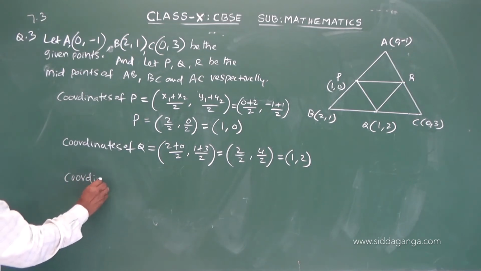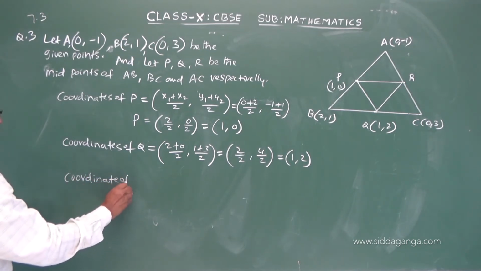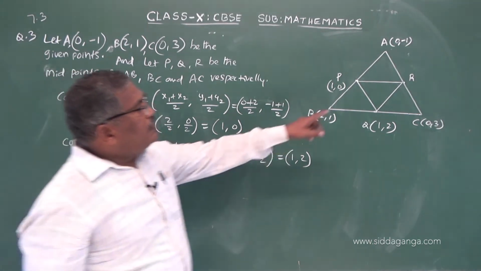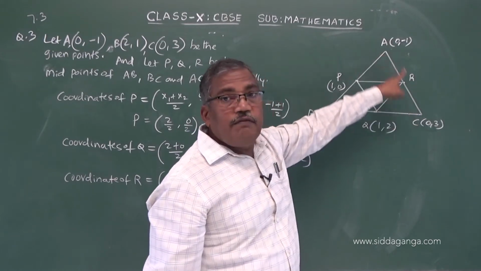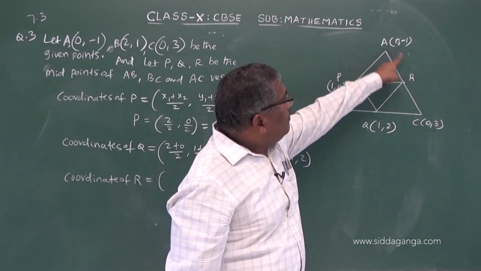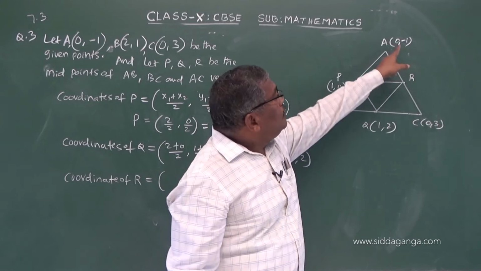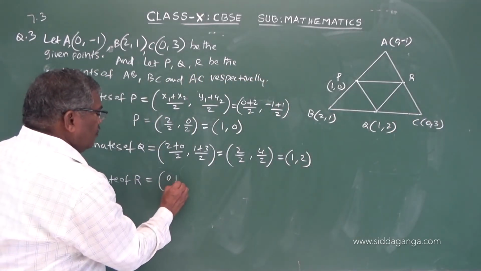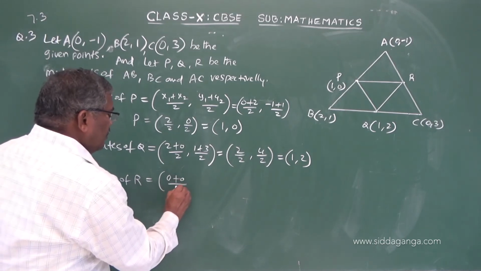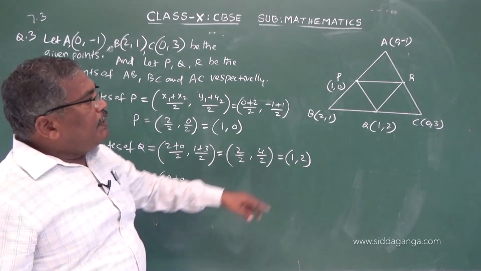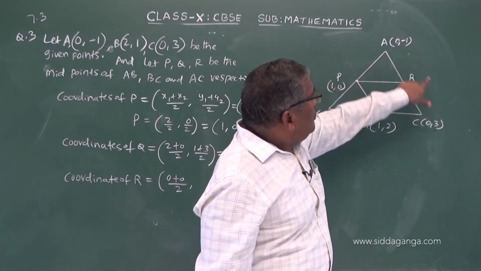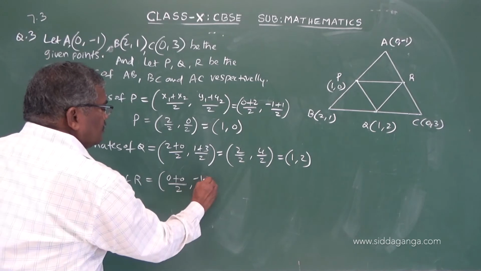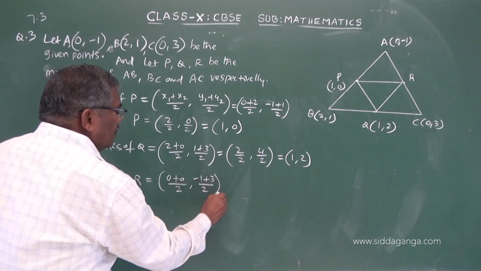Now, coordinate of R. R is the midpoint of AC. So therefore, we will take x1 plus x2 divided by 2, 0 plus 0 divided by 2, comma, y values minus 1 plus 3 divided by 2.